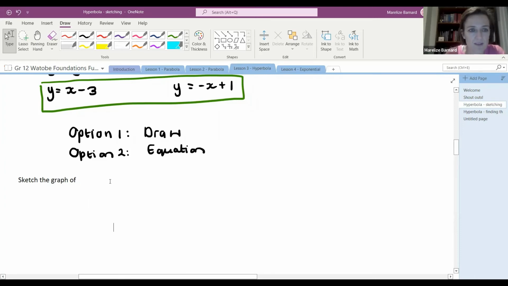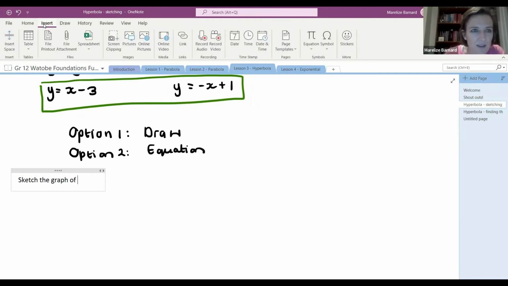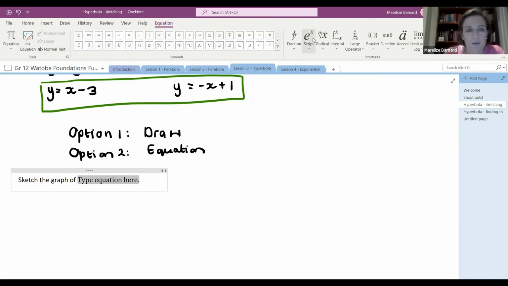So you guys can rest a little bit while I quickly think of a hyperbola to draw. F of x equal.